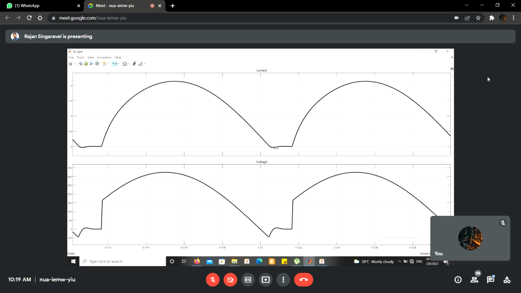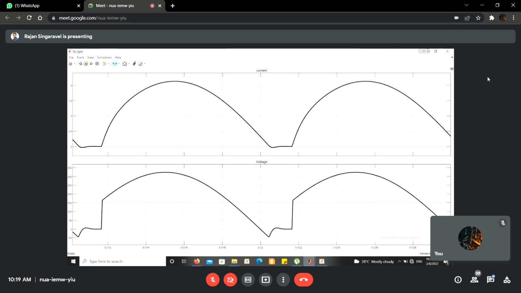Based on this, there are two operating conditions for the full converter with R-L load. One is discontinuous conduction mode, the second one is continuous conduction mode. When alpha is greater than phi, it is discontinuous conduction mode. The waveform is shown for that particular condition. And if the load angle is greater than alpha, or when alpha is less than the load angle, the current will be continuous.